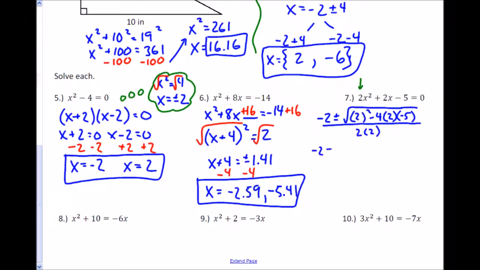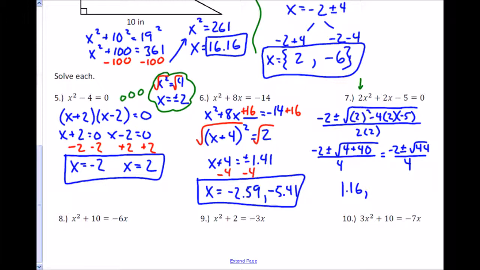So that's a negative 2 plus or minus the square root of 4 plus 40 all over 4. And if I keep simplifying this, that gives me a negative 2 plus or minus the square root of 44 all over 4. And now I have two things to do. I have to do the negative 2 plus the square root of 44 divided by 4, which gives me a 1.16.